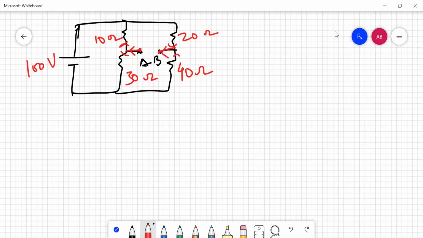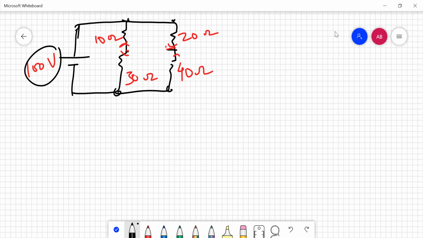The only thing is that I have just modified the look of this circuit. Now if I rub these open terminals, because I don't require them for now, you can see that this 100 volts is acting in parallel with these two branches.